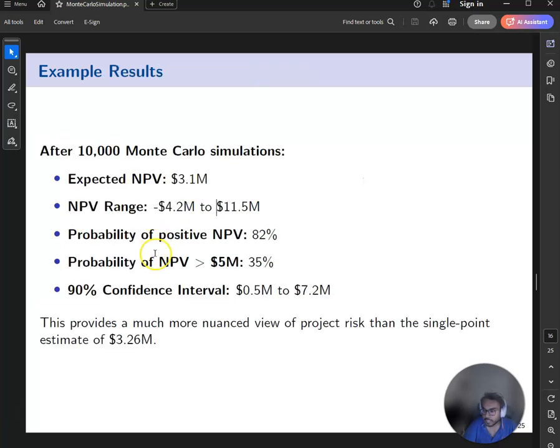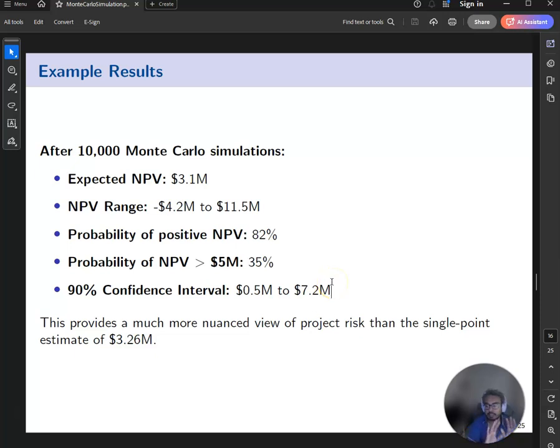So the probability that my NPV will exceed my initial expenses is 35%. And my 90% confidence interval is between 0.5 million to 7.2 million. So if I keep doing this exercise over and over again, the probability that the number will lie between these numbers is 90%.